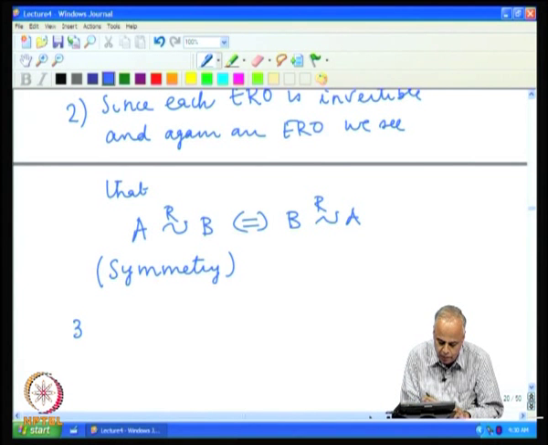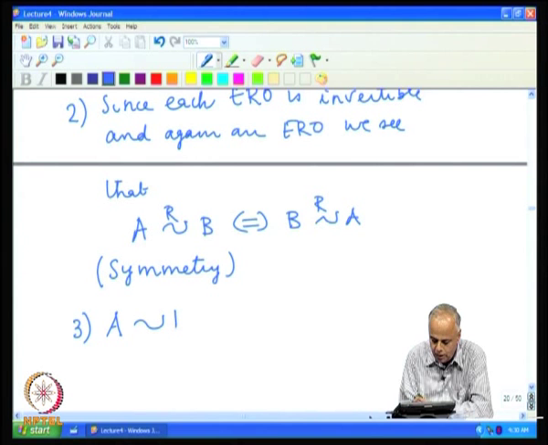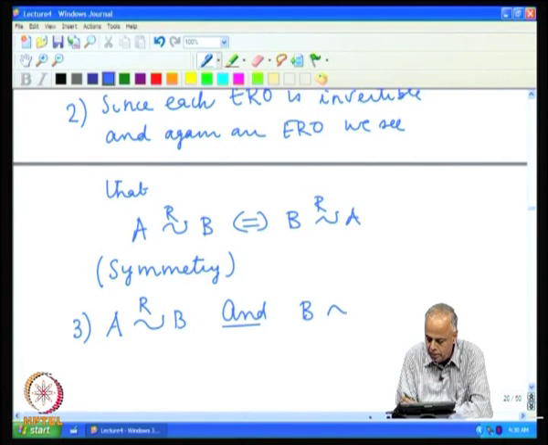The third property is, suppose A is row equivalent to B and B is row equivalent to C. What does that mean?